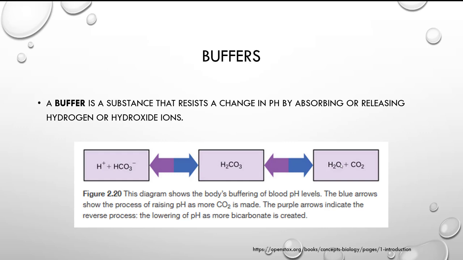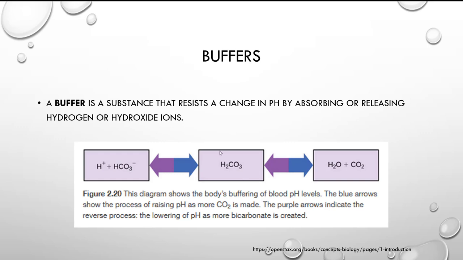Now let's say the opposite happened. Let's say we have too many hydroxyl ions circulating, and your blood is becoming too alkaline.